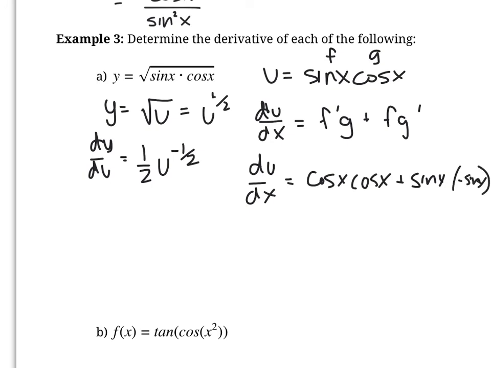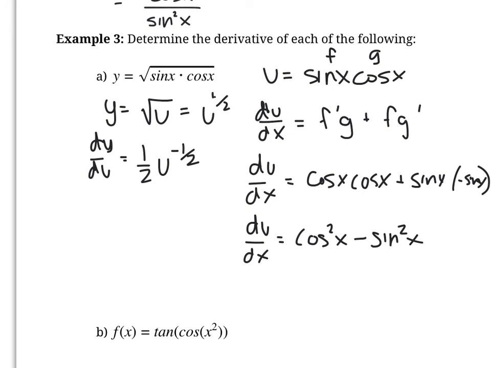Sorry about that squishiness on the side. That says negative sine x. So we can simplify this a little bit, that du by dx is actually equal to cos squared x minus sine squared x.